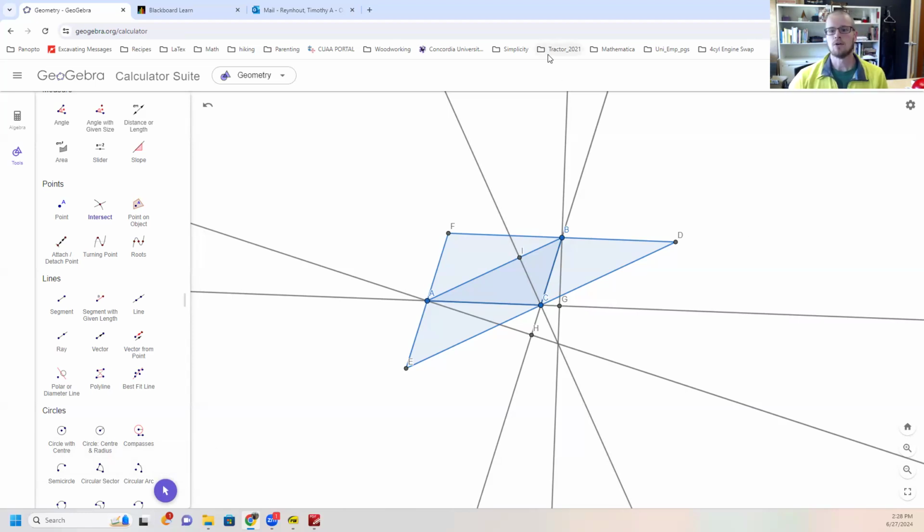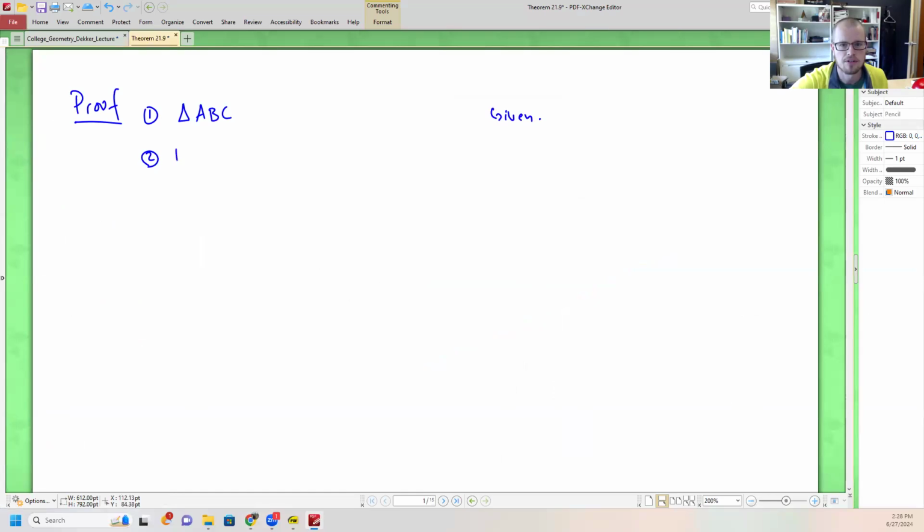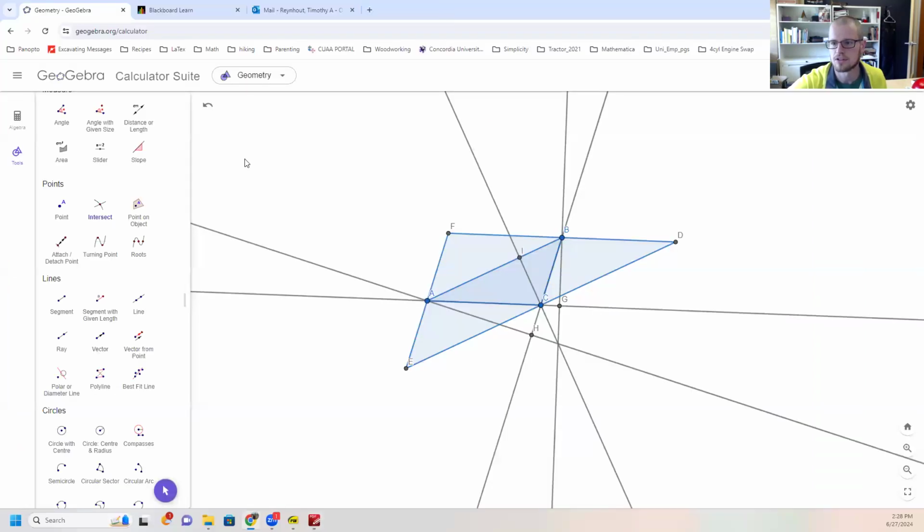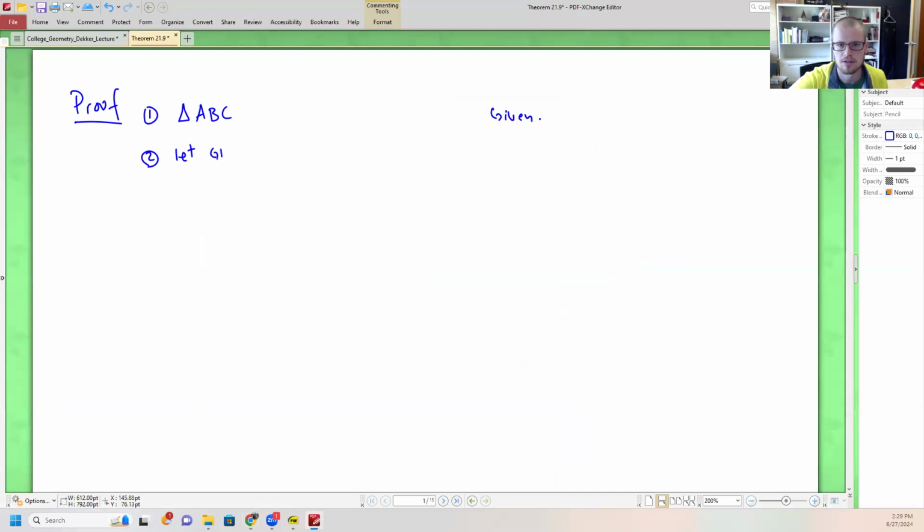All right. With those in hand, we can construct our perpendiculars. That is our altitudes. So perpendicular to AC through B, let GB be perpendicular to AC. That was a line segment, although the overall line.